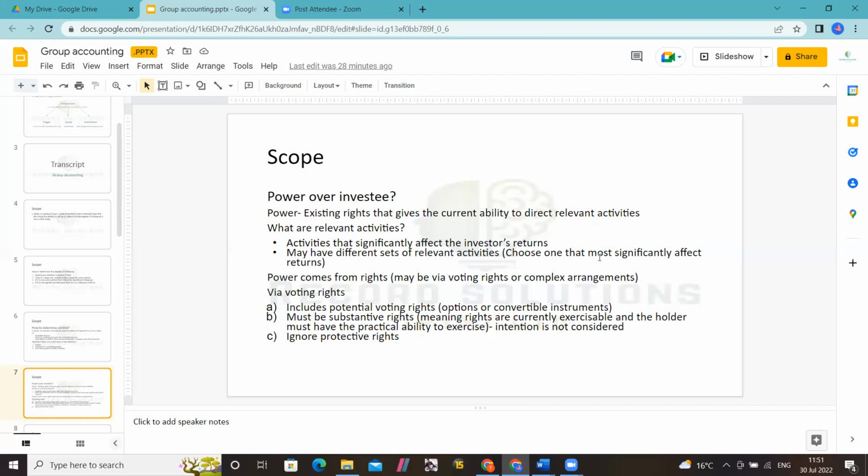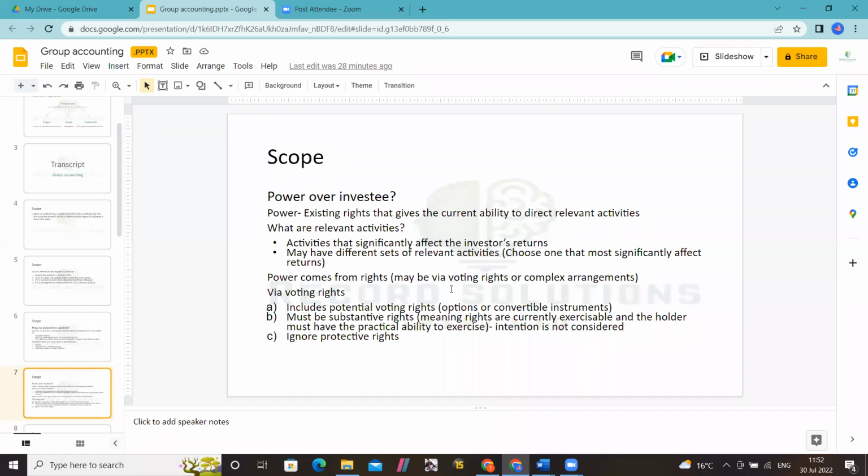So to sum it up, to conclude, when you have power, the first thing you have to ask yourself is, are these relevant activities determined via voting rights or complex arrangement? If they are voting rights, there are additional rules.